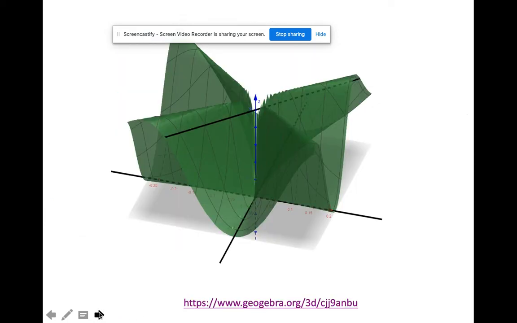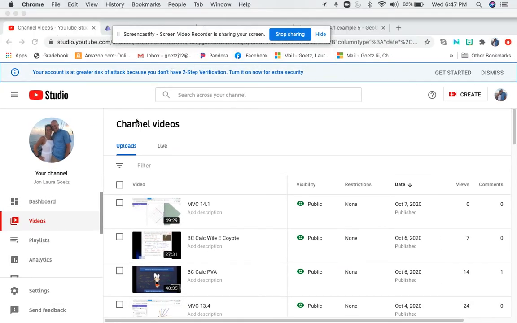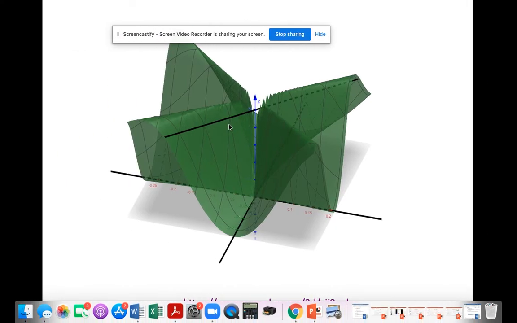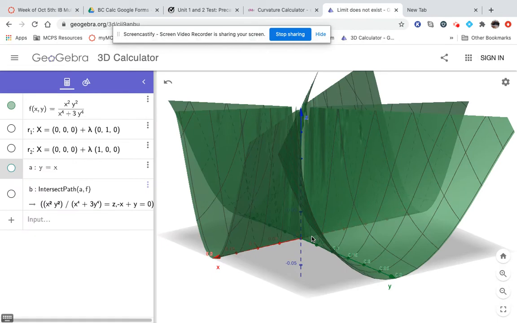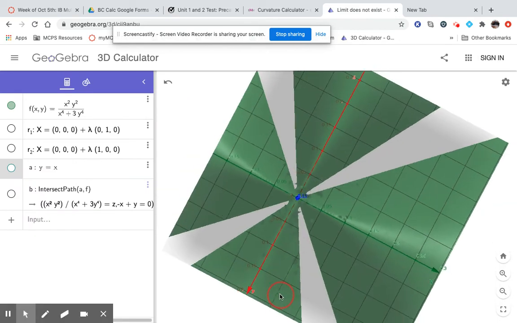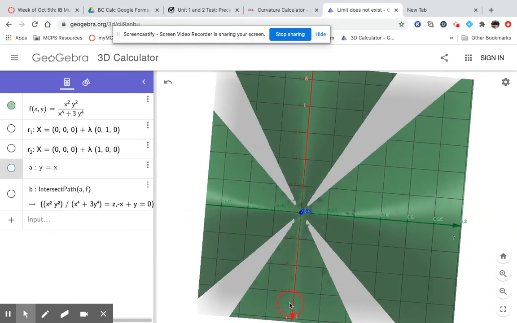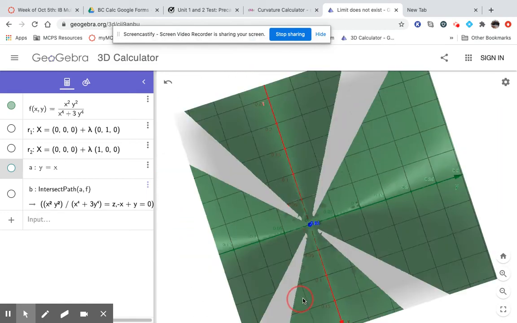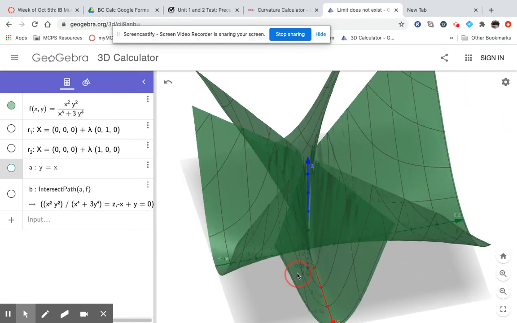So here is a picture of that shape. Where did I have that picture? Here it is. So I had no idea what that thing looked like, right? Isn't that kind of cool though? But look, it's kind of hard to see what's actually going on.